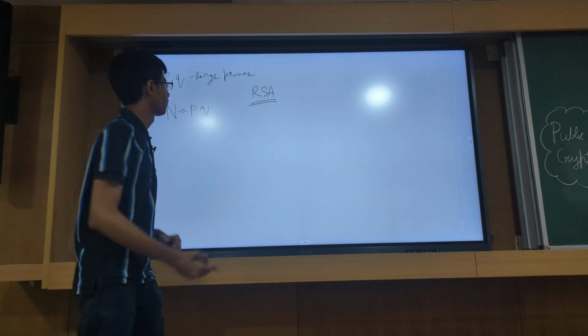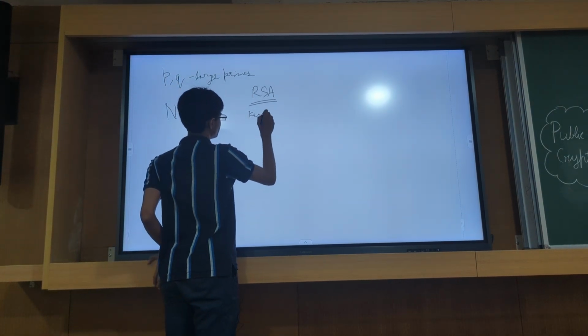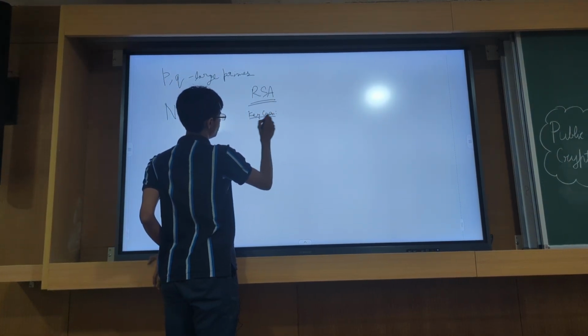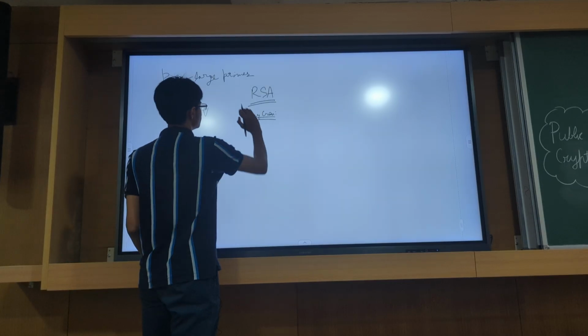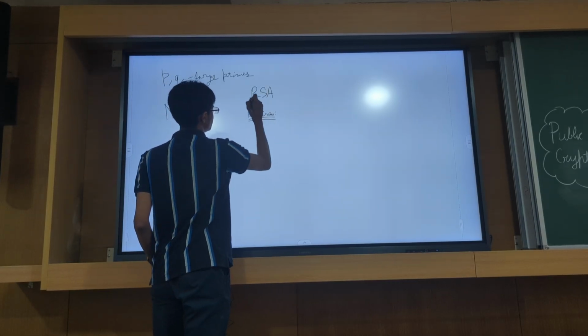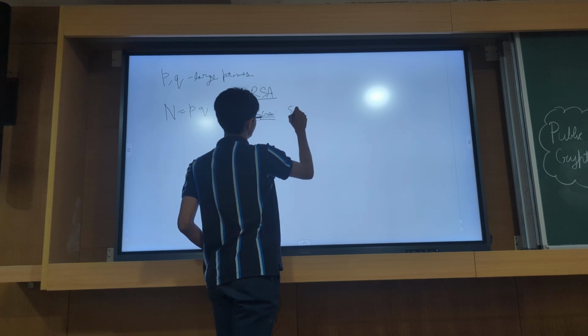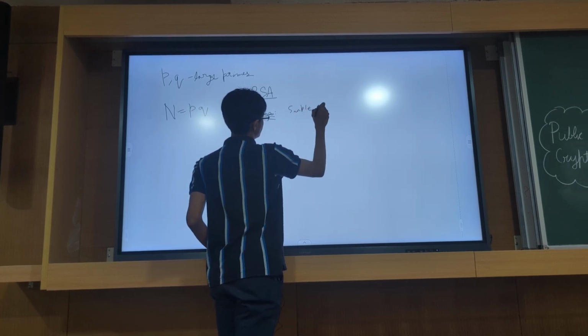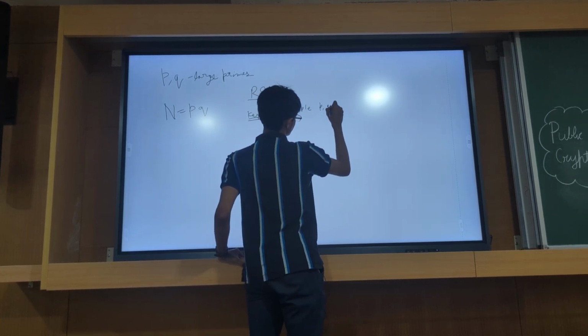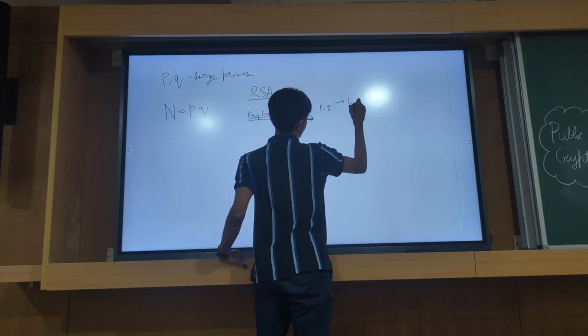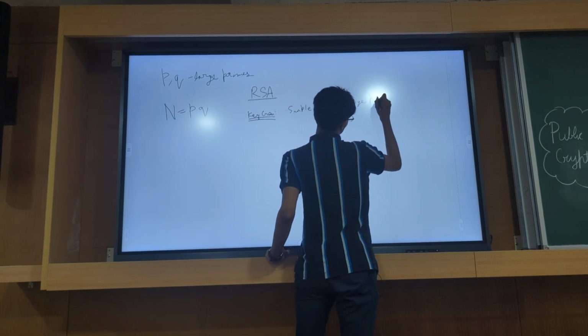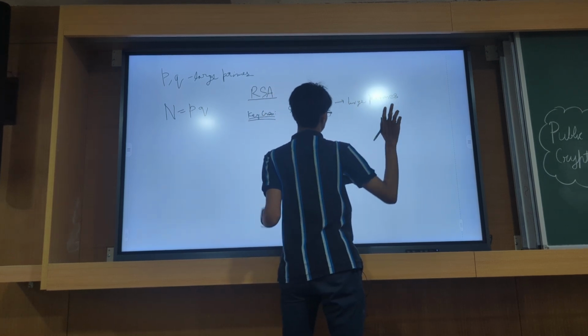So what does Bob do? First, he needs to generate the keys. Bob is going to sample two large primes, and he's going to sample them well so that they're secure large primes.